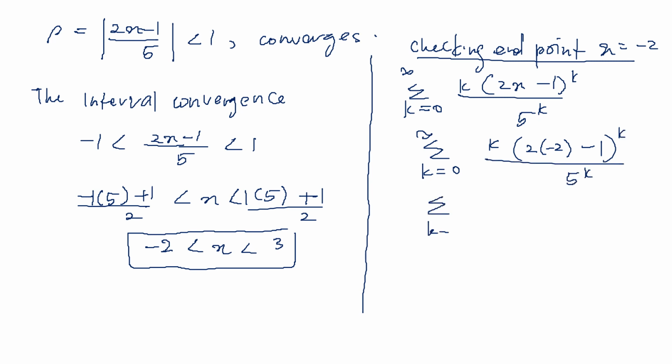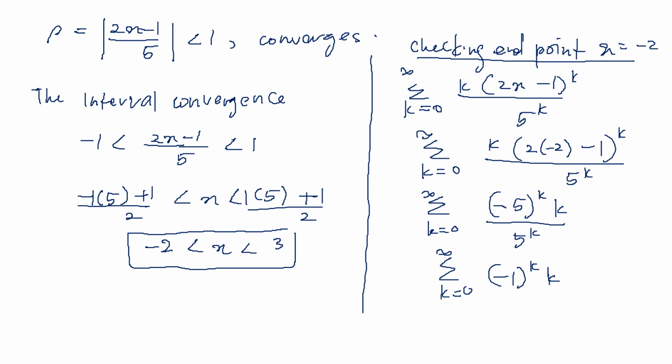You will get -4 minus 1, -5, so (-5) to the power of k times k over 5 to the power of k. So the series, k equals 0 to infinity, you will get k times (-1) to the power of k.